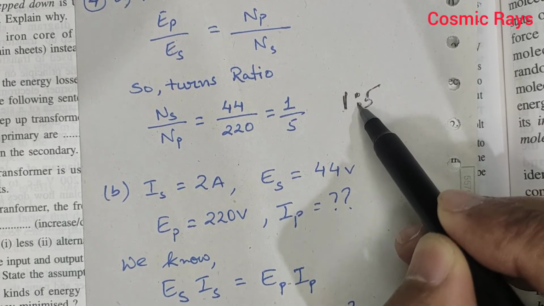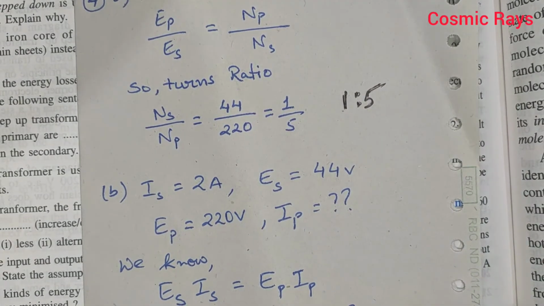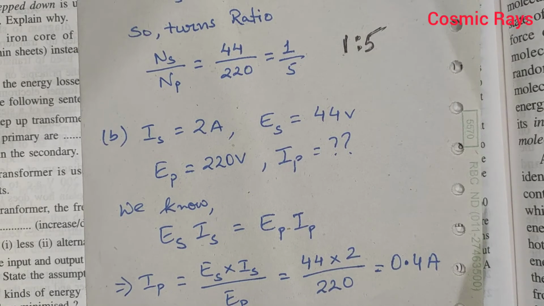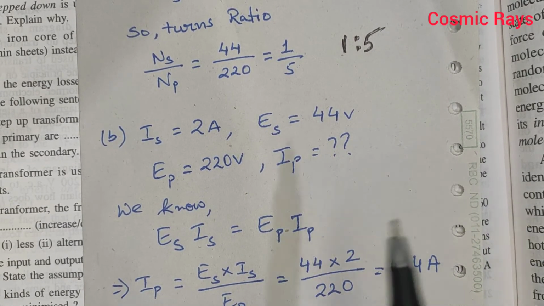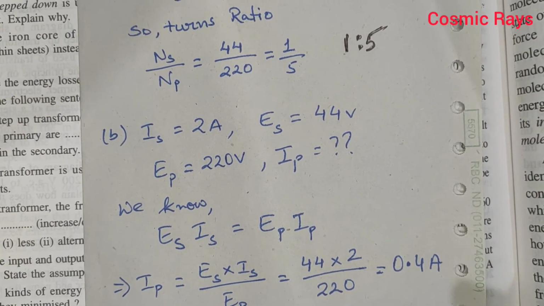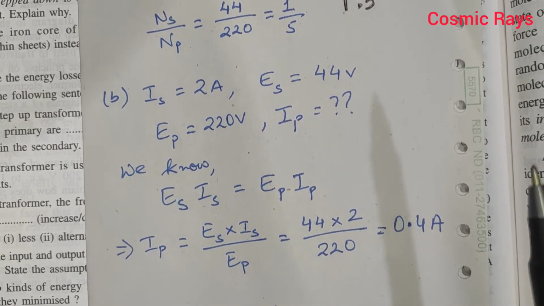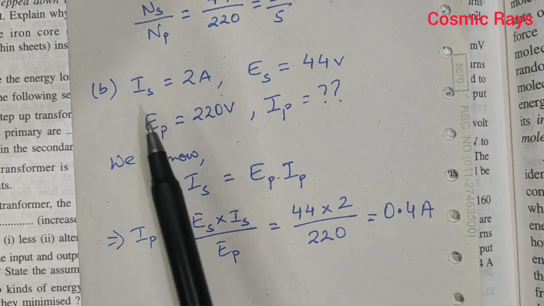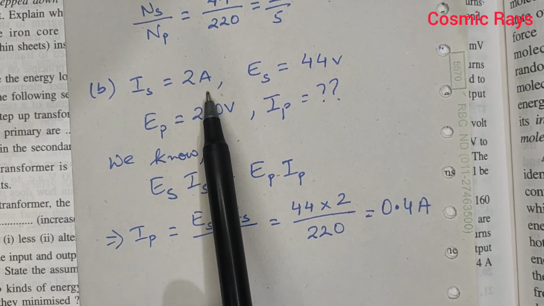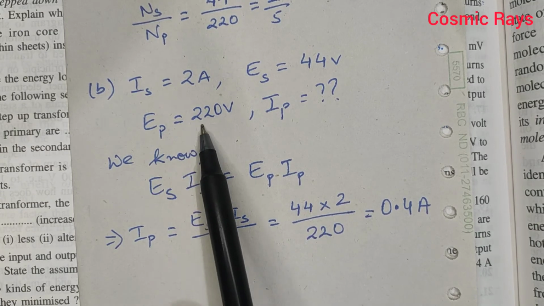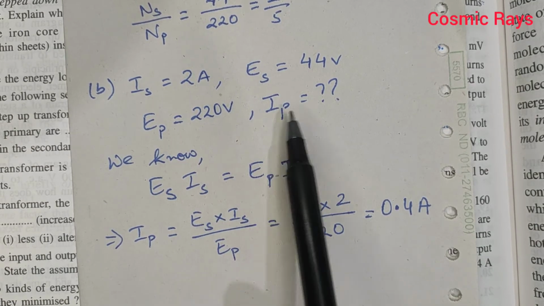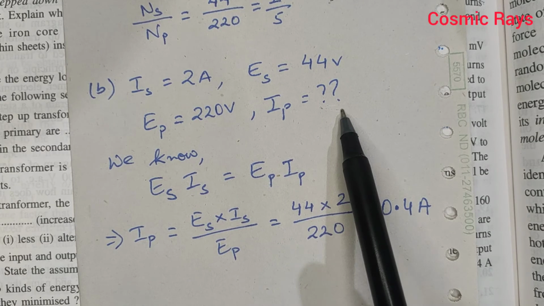That will be the answer. And the second part of the question says that we have to find out the input current or the current at the primary section. So Is is equal to 2 ampere, Es is equal to 44 volt, Ep is equal to 220 volt, Ip is what we have to calculate.